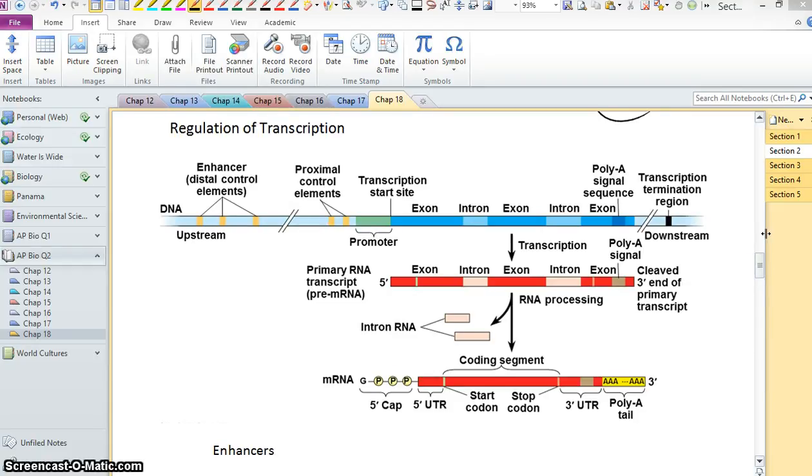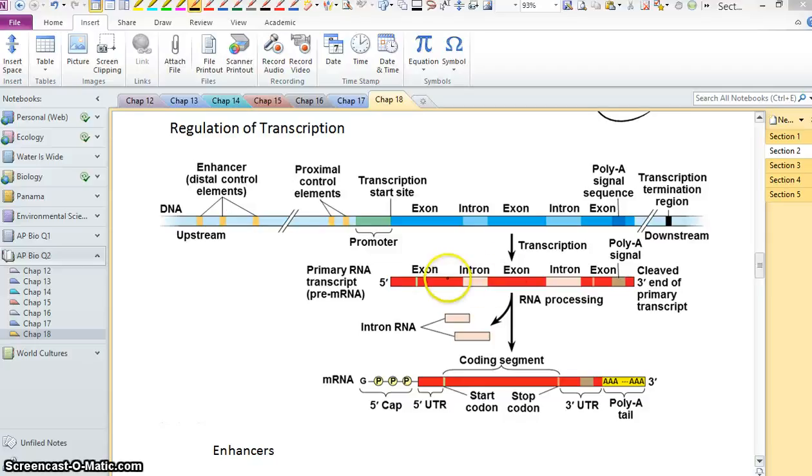All right, so in eukaryotes, regulation of transcription. Here we've got a gene with different exons and introns, a promoter where the RNA polymerase will go, and upstream, these control elements, these sections of DNA that, as we'll see, are involved with compounds that promote and facilitate transcription.